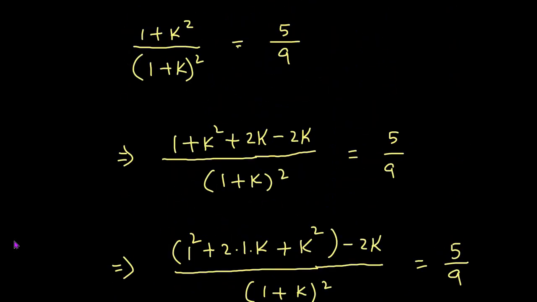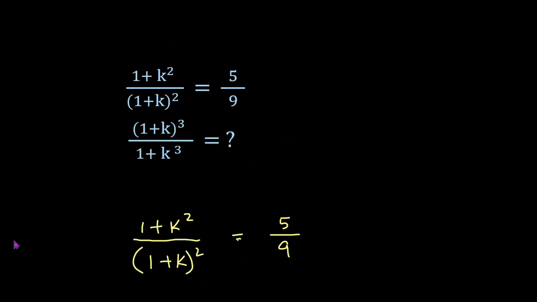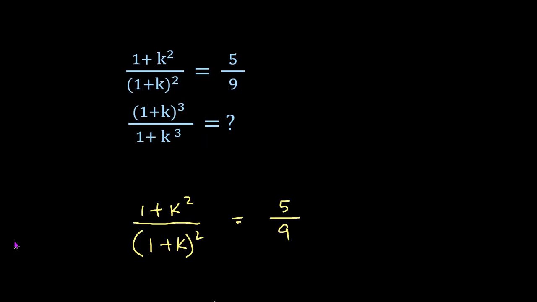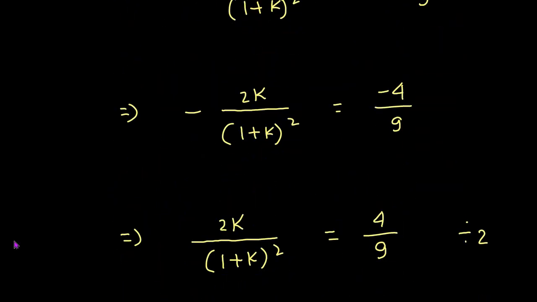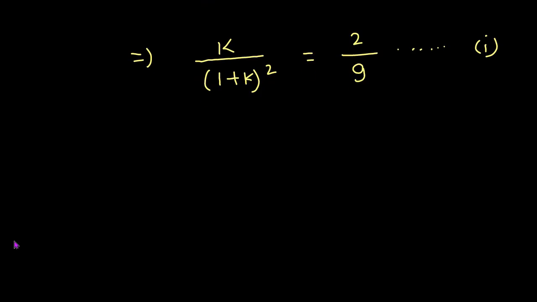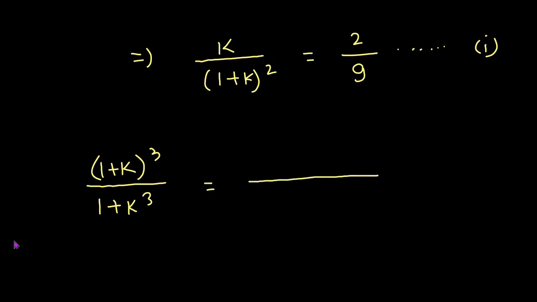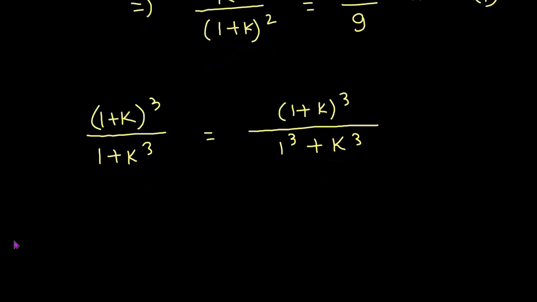Our required expression is (1 + k)³/(1 + k³). So we'll write the expression, which is (1 + k)³/(1 + k³). You can write (1 + k)³/(1³ + k³). We can apply the a³ + b³ formula in the denominator.